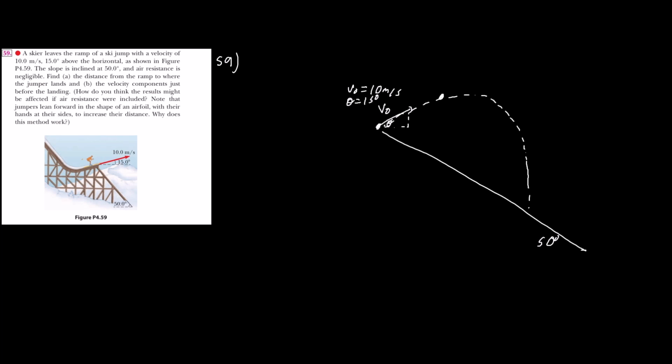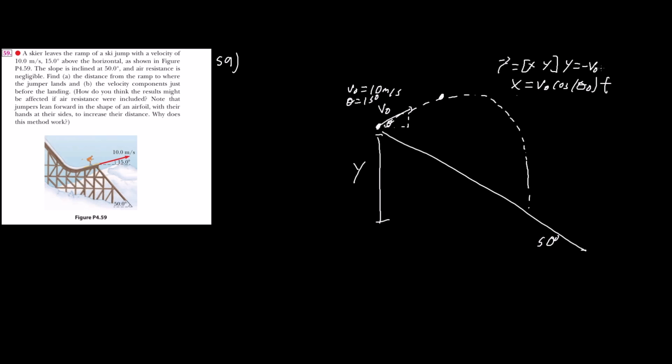I'm going to write the motion as r, which is x and y. Once you have this down, your x is going to be v naught cosine of theta naught times the time. For my y, normally I call down negative and up positive, but I'm going to reverse it just for this problem and call up negative.